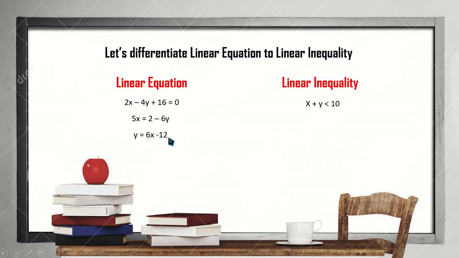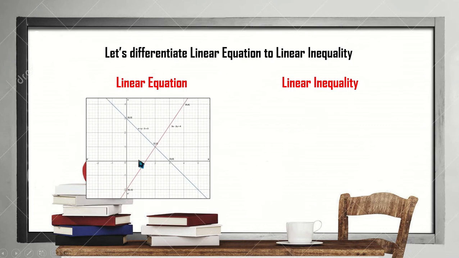And then for linear inequality naman, example, we have x plus y is less than 10. 2x minus 4y plus 16 is greater than 16. Y is greater than or equal to 6x. Y is less than or equal to 2x minus 1.